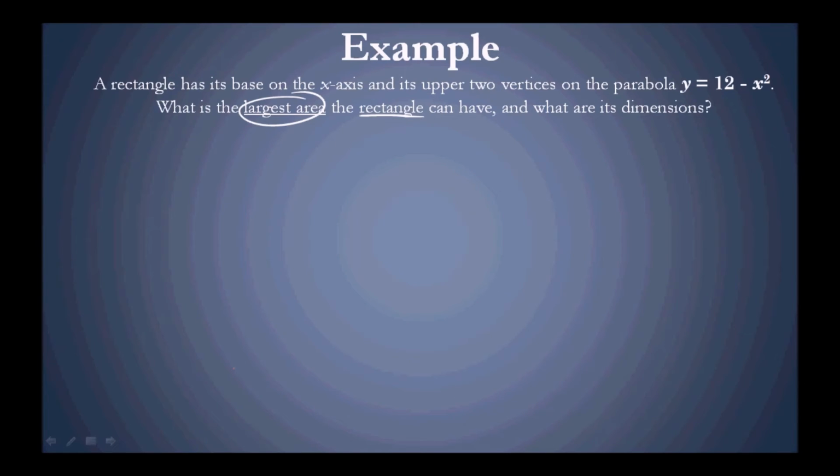So it's inscribed in the parabola y equals 12 minus x squared. First things first, we need to graph this parabola. So we'll do the best we can for graphing.